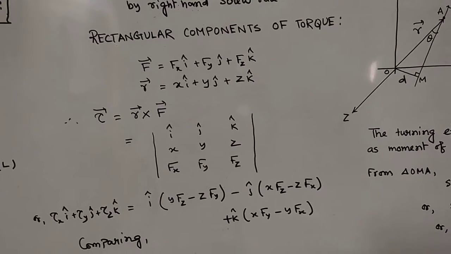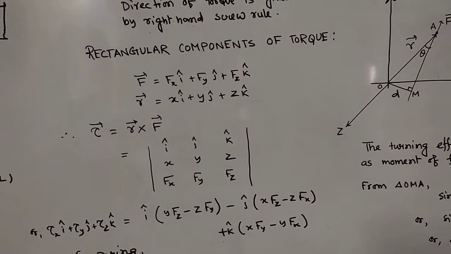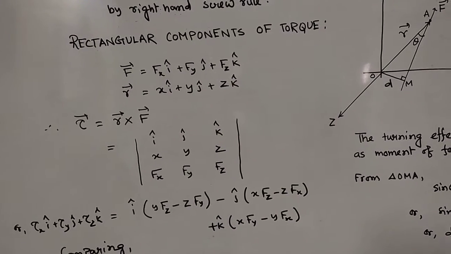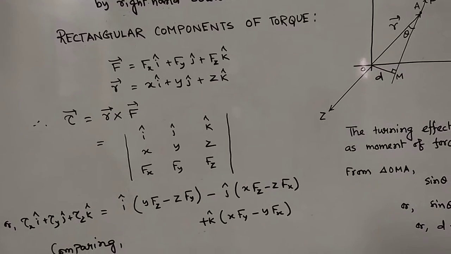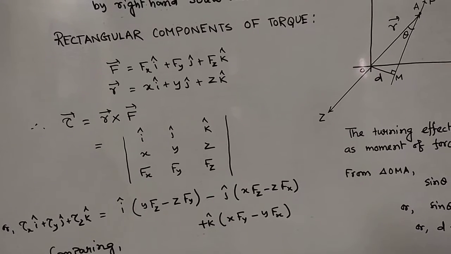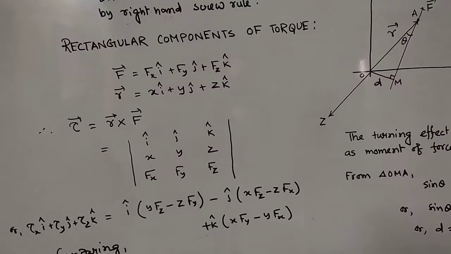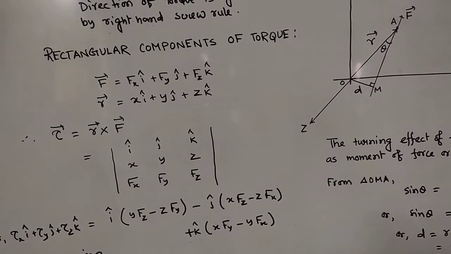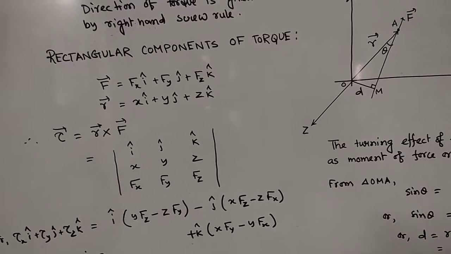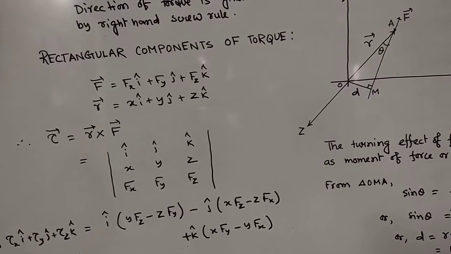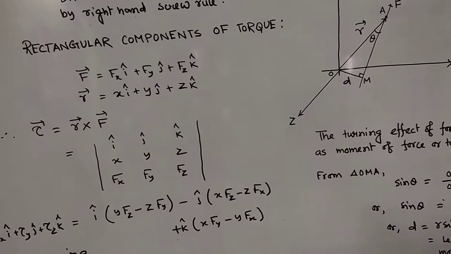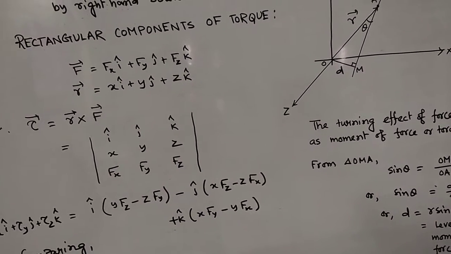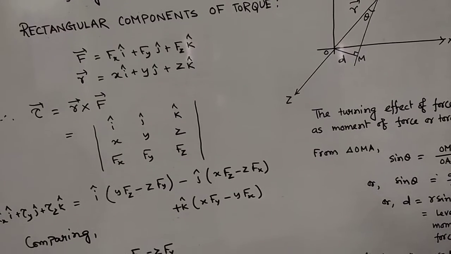So if you take the definition of tau vector equals r vector cross F vector, then i cap times (y fz minus z fy), minus j cap times (x fz minus z fx), because if you have to consider j, you have to eliminate the row and column part, and k cap times (x fy minus y fx).